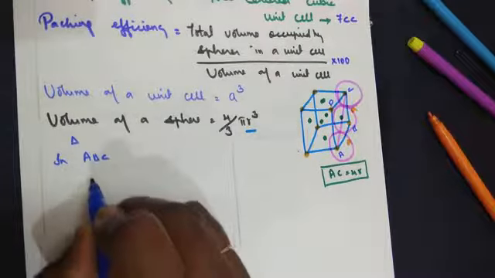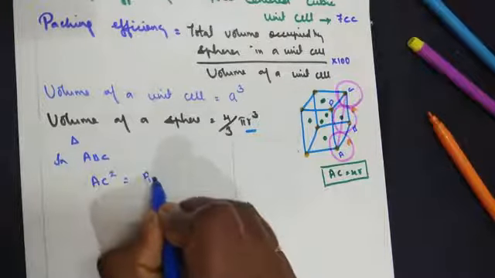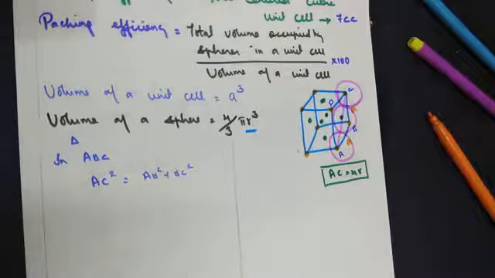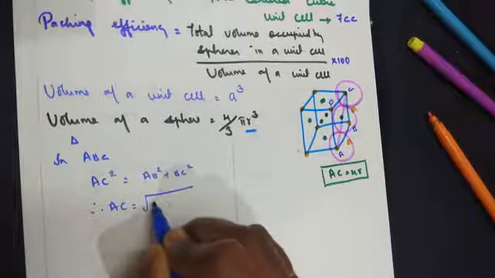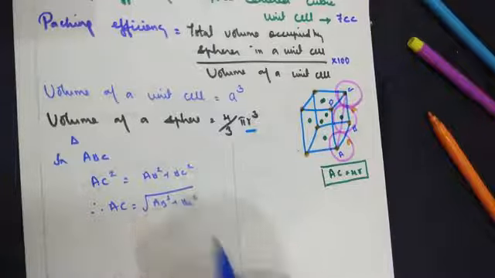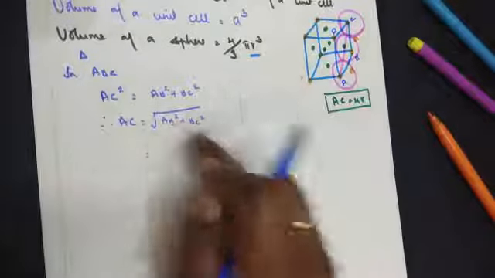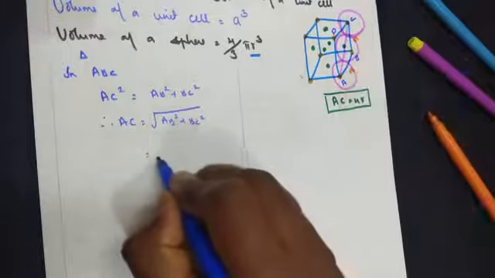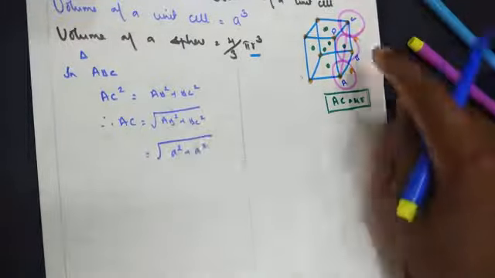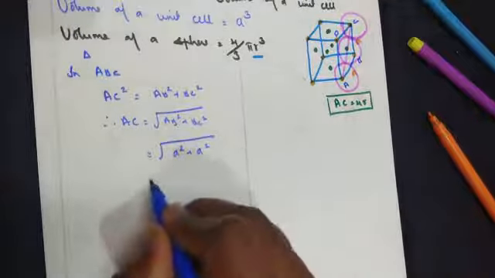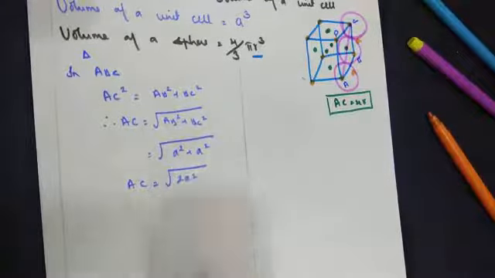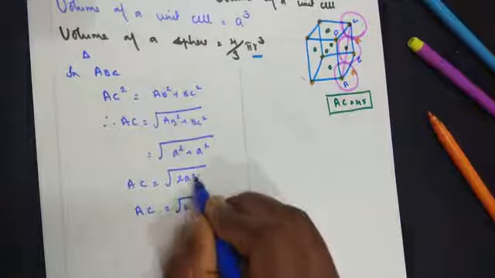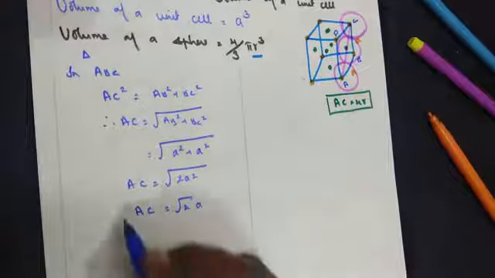In triangle ABC, AC square is equal to AB square plus BC square. Therefore, AC is equal to square root of AB square plus BC square. Now AB is equal to the edge length, which happens to be a here. So that is a square. Edge length of BC is also a, so a square. Therefore AC is equal to square root of 2a square. Taking the square root, we get AC is equal to square root 2 times a.